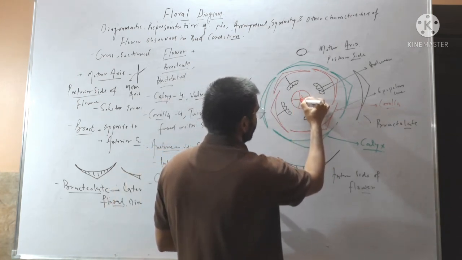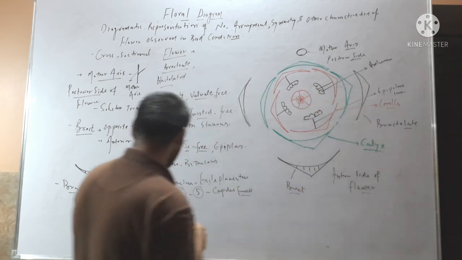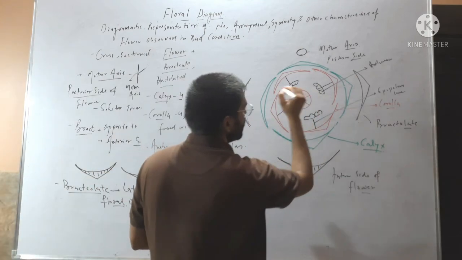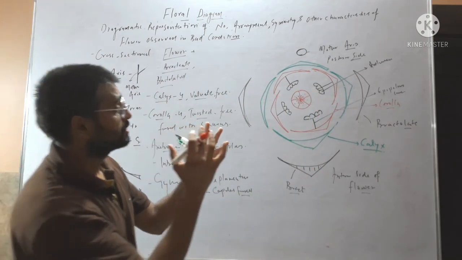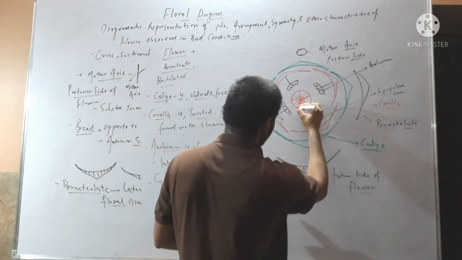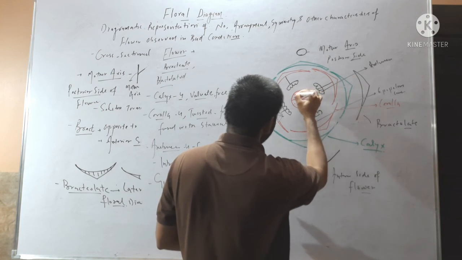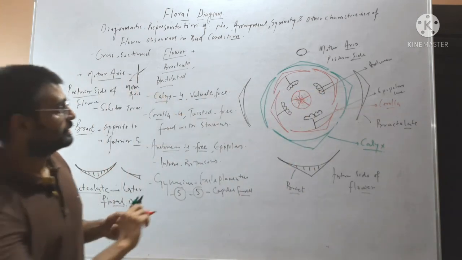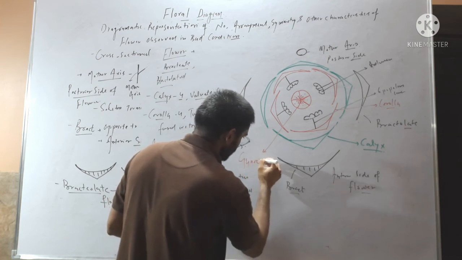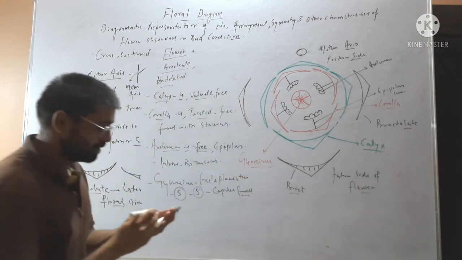So we will show them like this. Here the number of carpels is 5. 1, 2, 3, 4, 5 carpels are there. And carpels are fused, so we will draw them like this. So this represents the gynoecium.